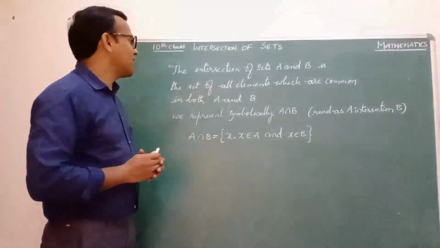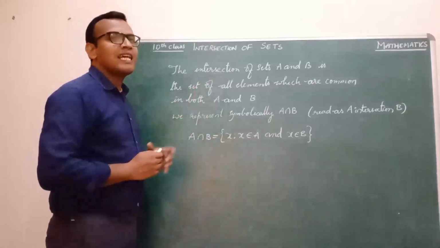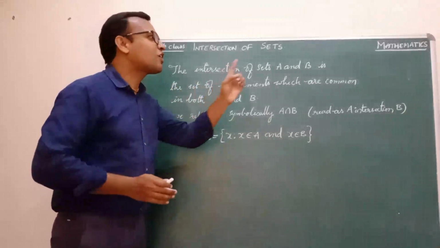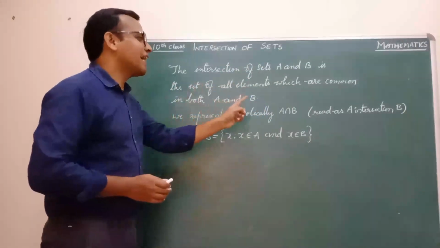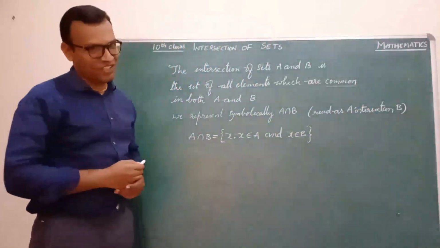So the definition will be like this. The intersection of sets A and B is the set of all elements which are common in both A and B. So the common elements are taken in intersection.